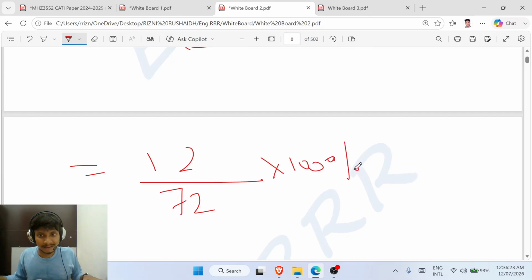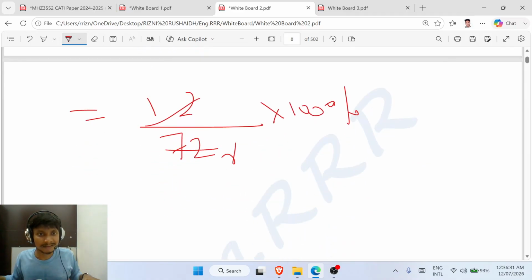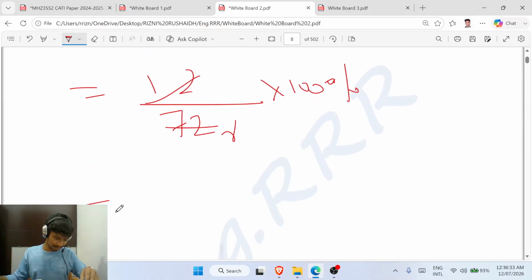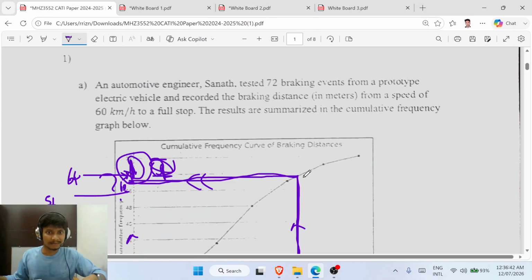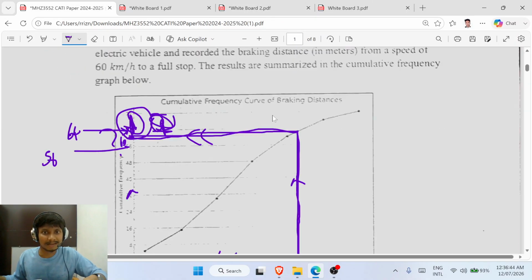Here 12 into 6 is 72, therefore 100 by 6 is equal to 16.67 percentage. This is the final answer.